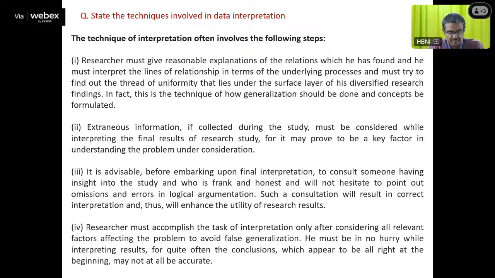It is advisable before embarking on final interpretation to consult someone who has insight into the study. So third is expert opinion, and fourth, the researcher may accomplish the task of interpretation only after considering all relevant factors affecting the problem, to avoid false generalization. So false generalization should be avoided. So these are the four techniques involved in data interpretation.